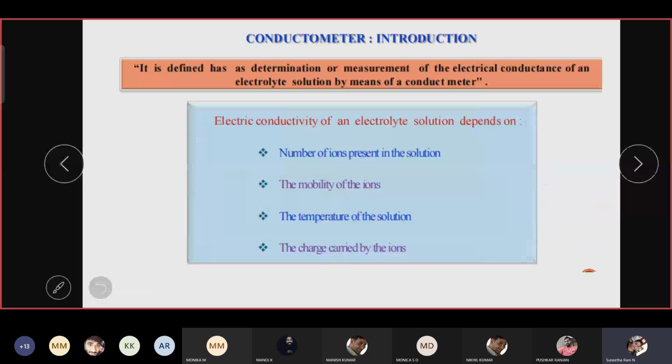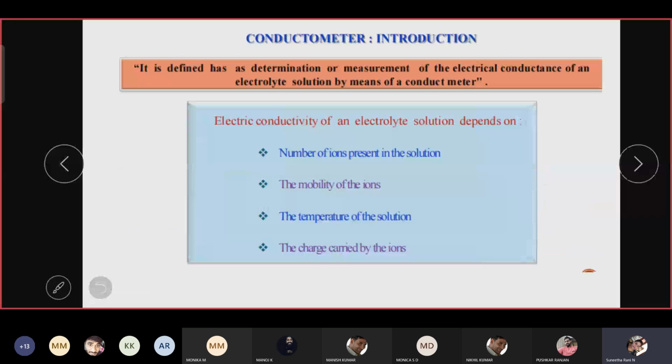It is defined as the measurement of electrical conductance of an electrolyte solution by means of a conductometer. By using the conductivity meter, you measure how much the ions are conducting in the ionic solution. Next, the principle behind this.